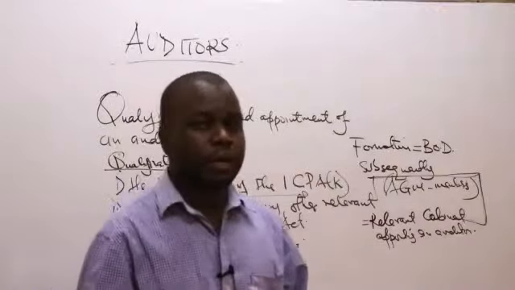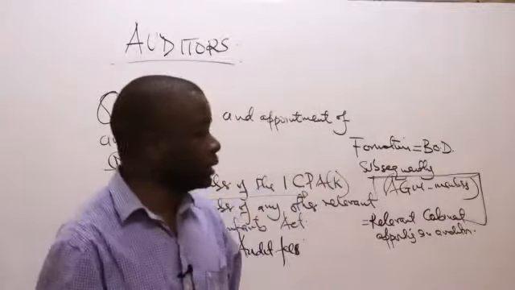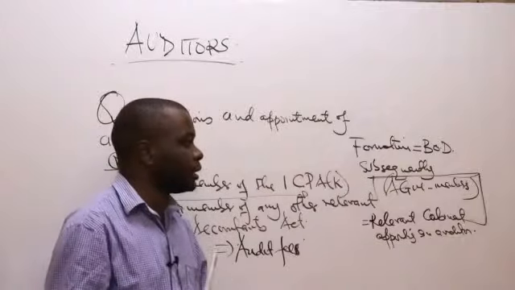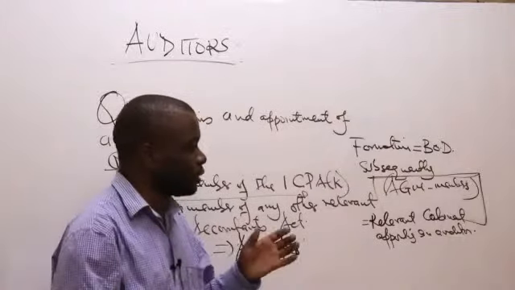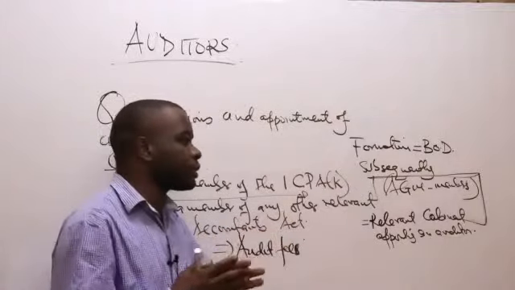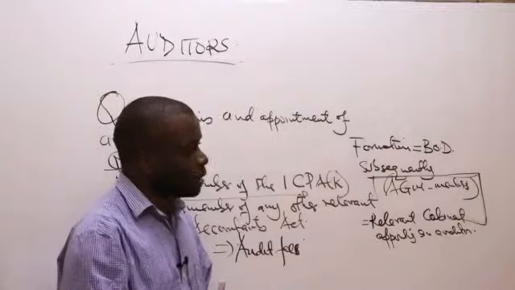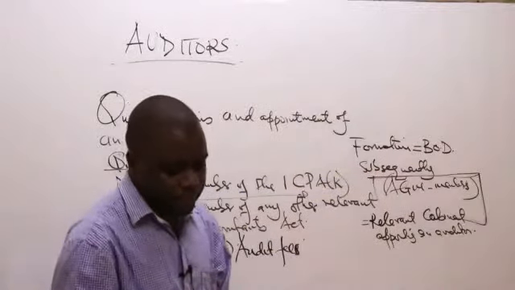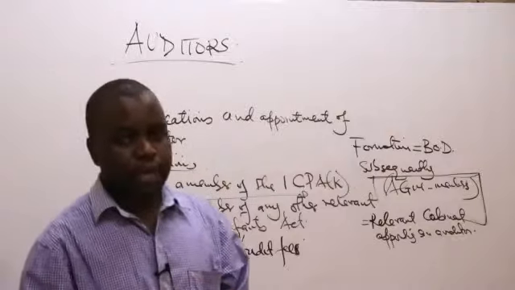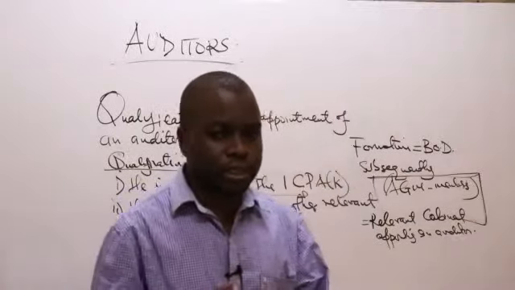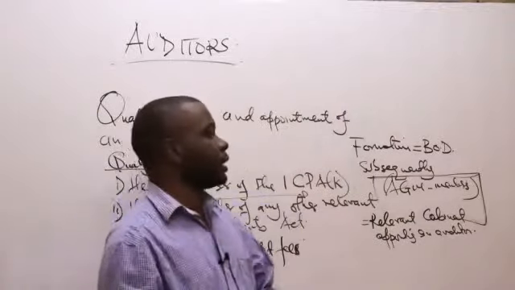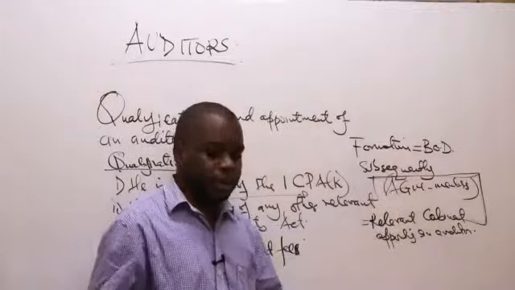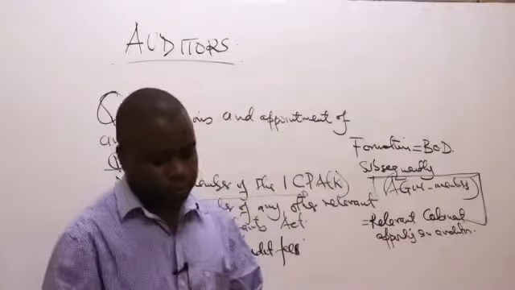Remember, the casual vacancy arose before the first AGM, so the directors are the ones who will appoint the auditor to serve until the end of the first AGM. It will be filled by the directors of the company.